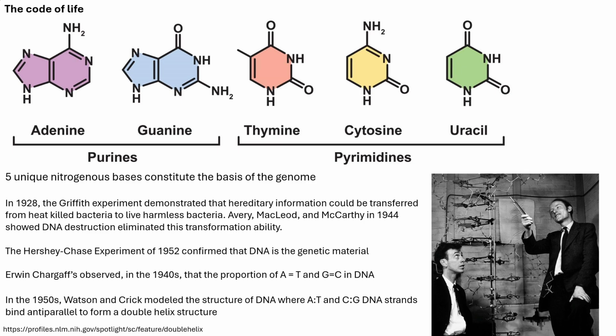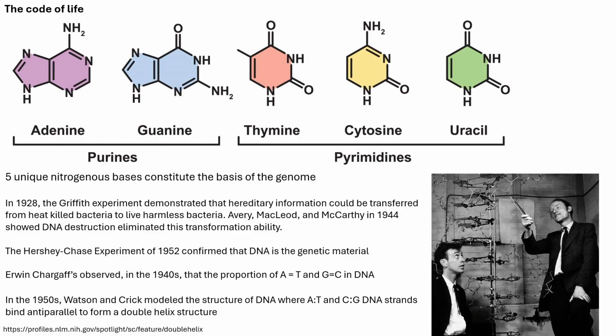The dead bacteria were harmful, and when you put some of their essence, let's say, into live harmless bacteria, they would turn deadly, which is strange. He didn't know what the transforming element was. A lot of people thought that it was protein at this time. Some thought it was just arbitrary.